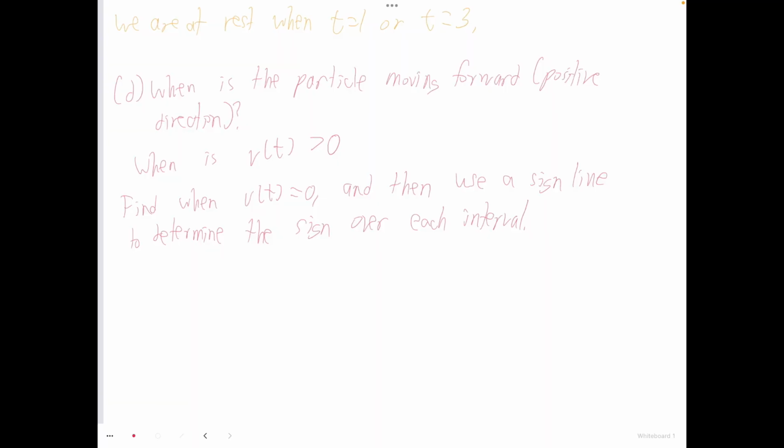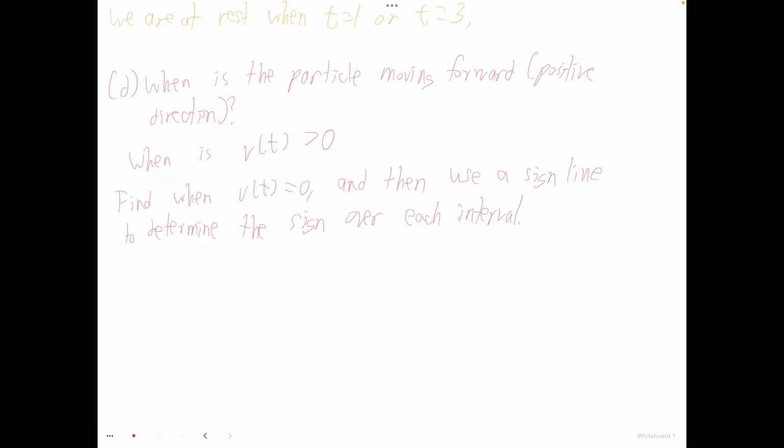And so the idea here is, by the intermediate value theorem, which we covered in a previous video, we have to hit 0 to change signs. So the places where it's 0 is where it could possibly change signs, but outside of those places, the velocity is going to be forced to either be positive or negative for the entire interval.